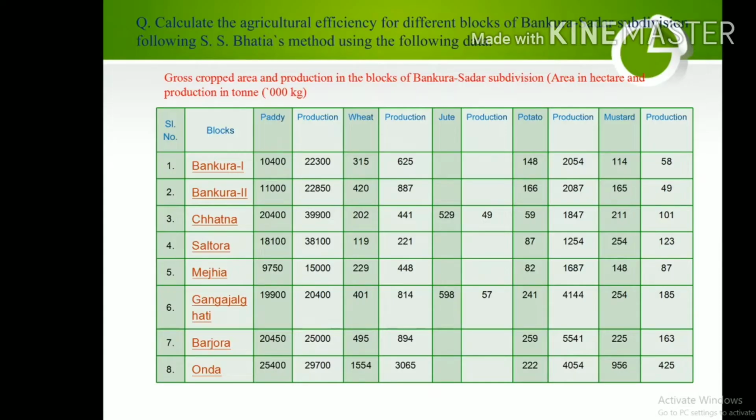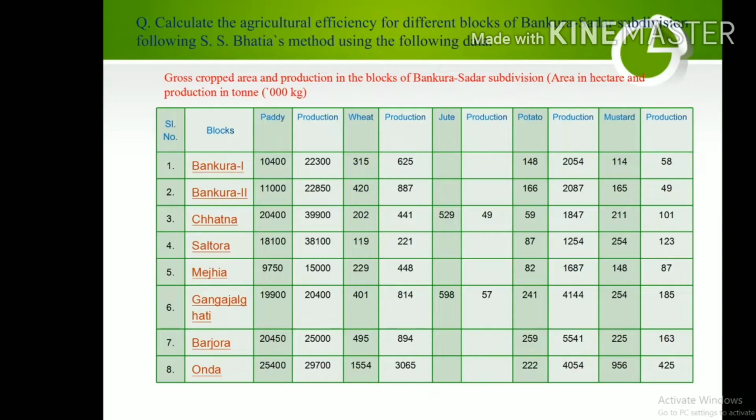The data given in the table shows 8 blocks of Bankura Sadar subdivision, comprising the gross cropped area of different prominent crops such as paddy, wheat, jute, potato, and mustard, and blockwise their production. The area is given in hectares and production in tons, that is 1000 kg.